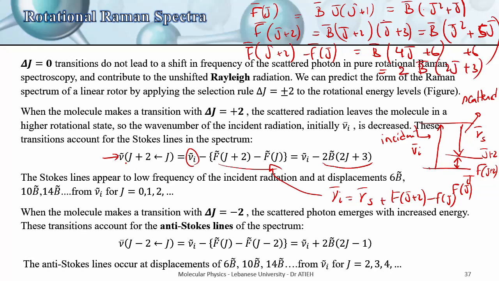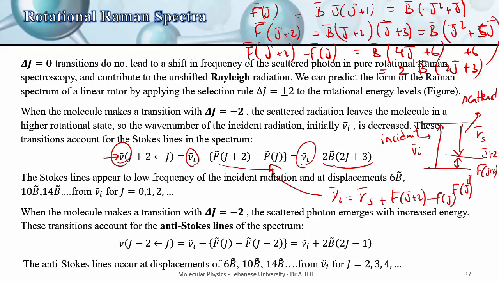So here this formula gives the wave number of the scattered photon in the case of the Stokes lines. You can see that the wave number is smaller than the wave number of the incident radiation. The Stokes lines appear at lower frequency than the incident radiation, at displacements 6B, 10B.